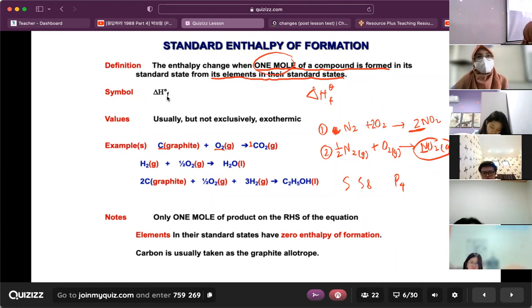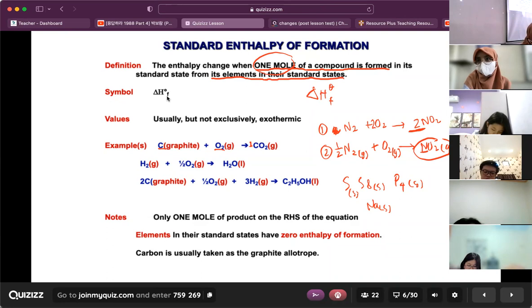What about other elements in the periodic table? The element of sodium is sodium metal, Na, solid. This one is solid, this one is solid, this one is solid, standard state. And what else? Iron, iron is solid. What about mercury?